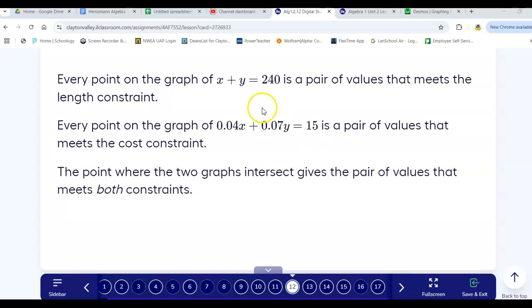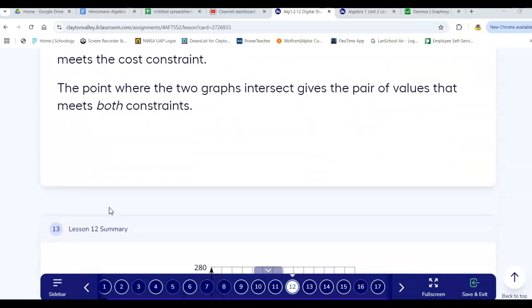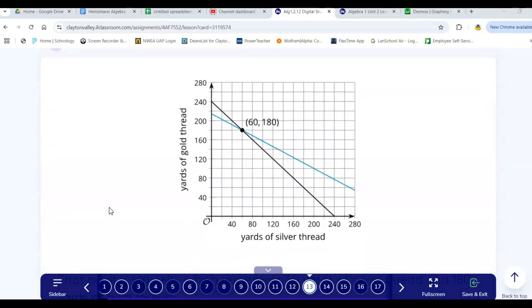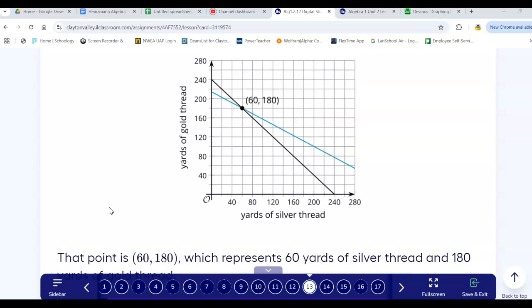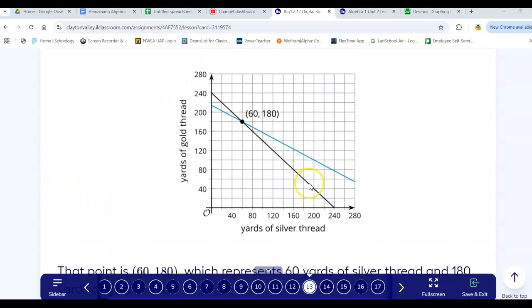So the point where the 2 graphs intersect gives you the pair of values that meets both constraints. Okay? So that's the purpose of systems of equations. And here is the situation.